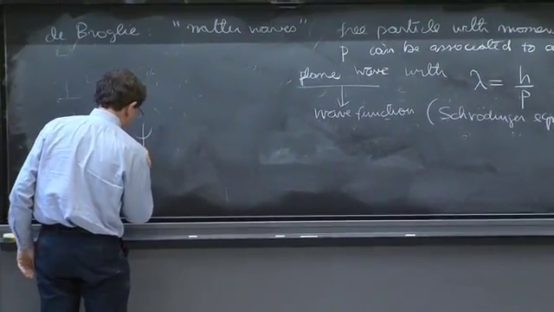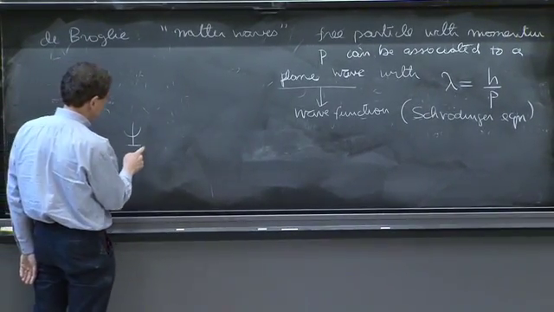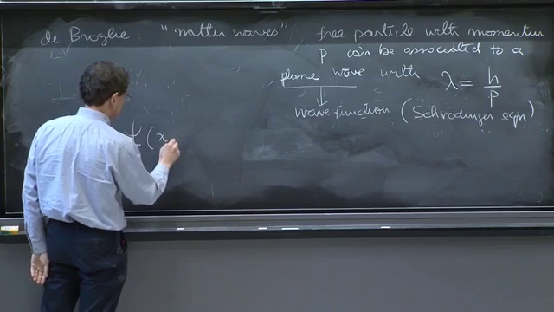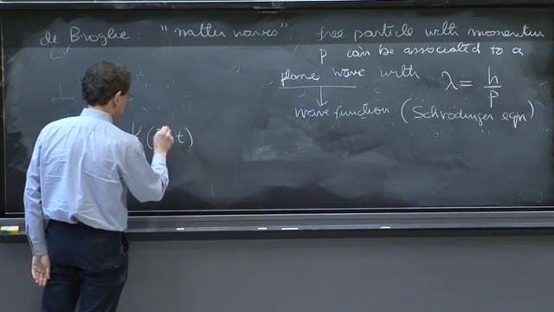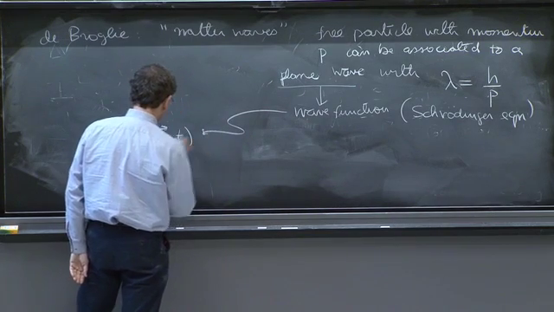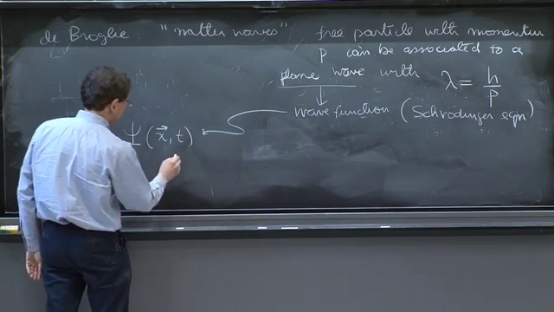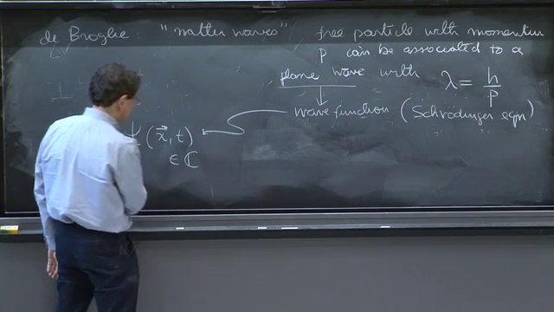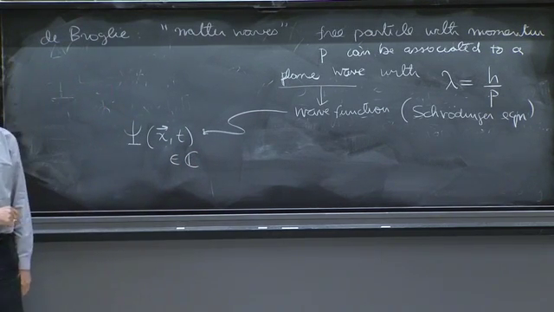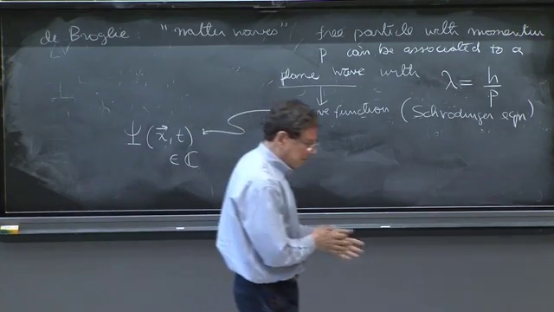So it will be a wave function, we'll denote it by the letter capital Psi, that depends on position and time, and that's the wave function. And to begin with, for simplicity, there will be one of them, and it's a complex number. It's just one wave function.